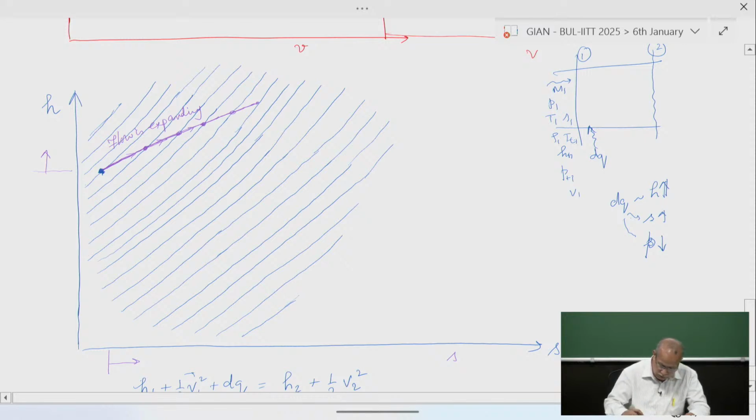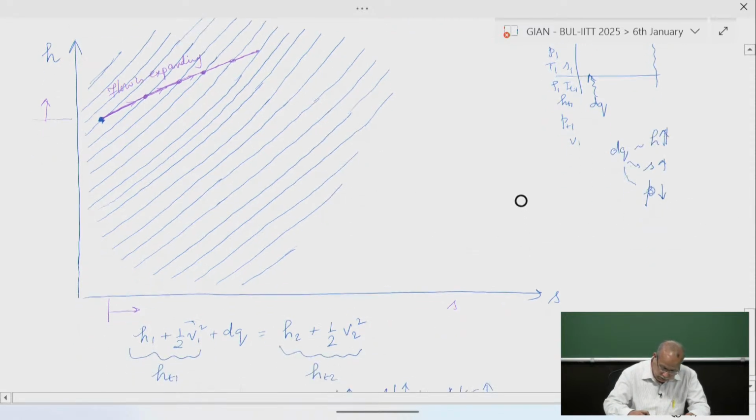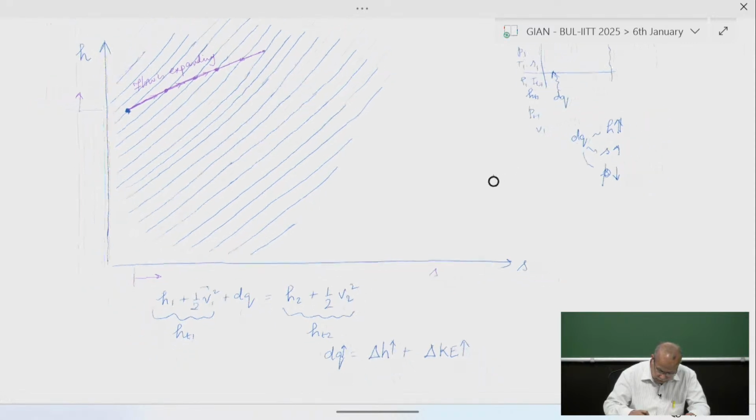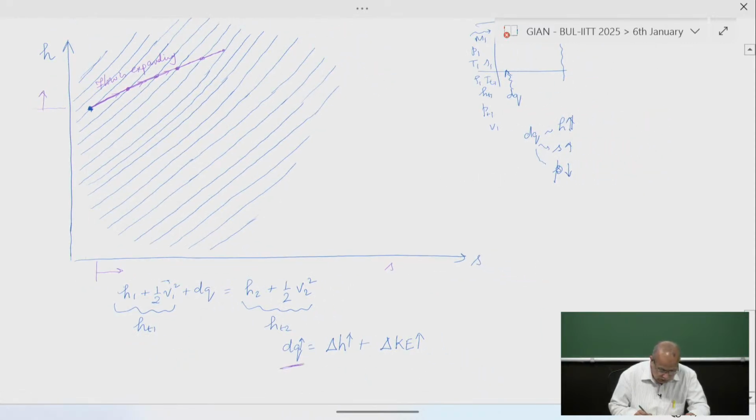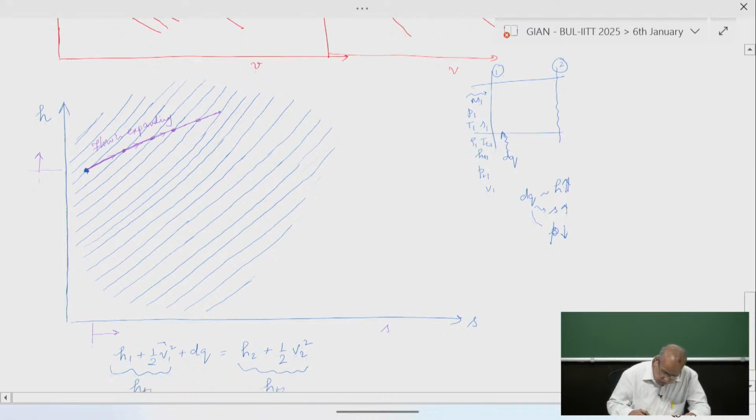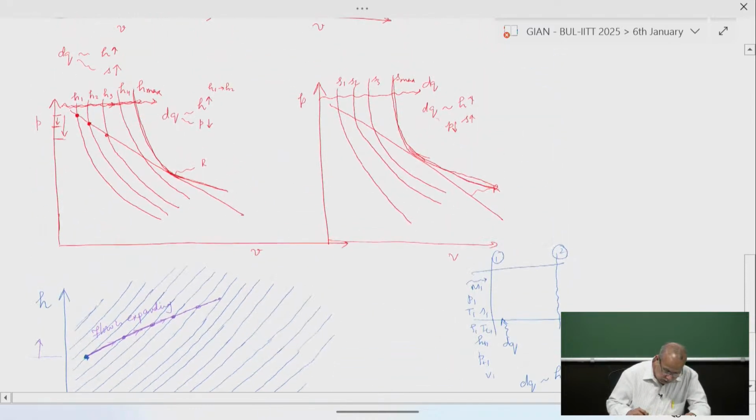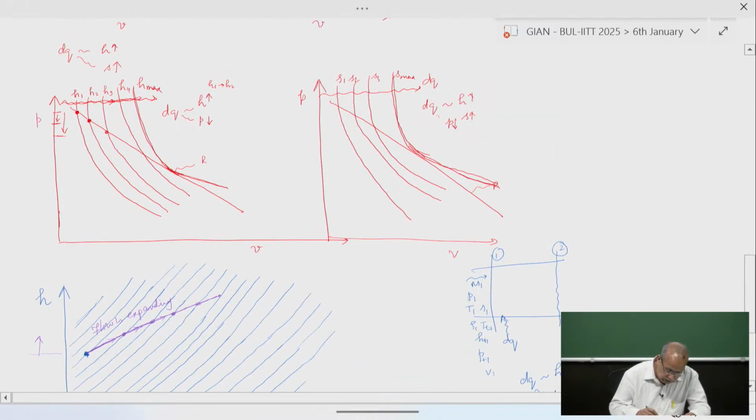So what do we understand from here? Adding heat will cause enthalpy to increase and the kinetic energy of the flow to also increase, because the pressure is decreasing, the flow is accelerating here. Now once it has reached a point, there is a unique point here. Where is it? This is the point here.